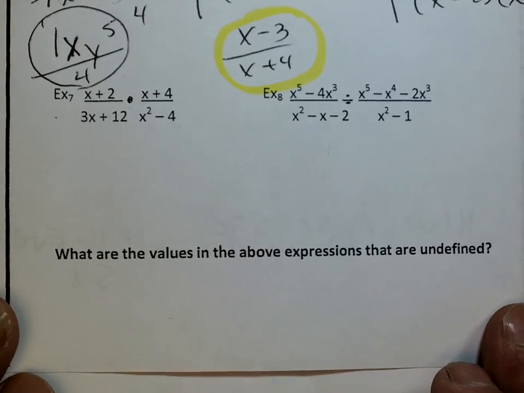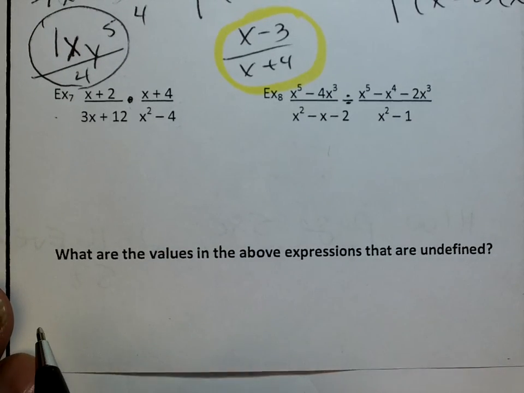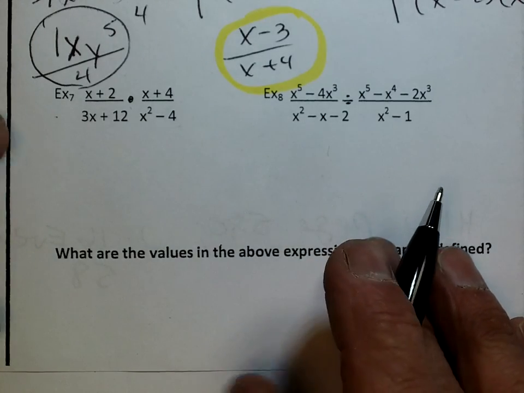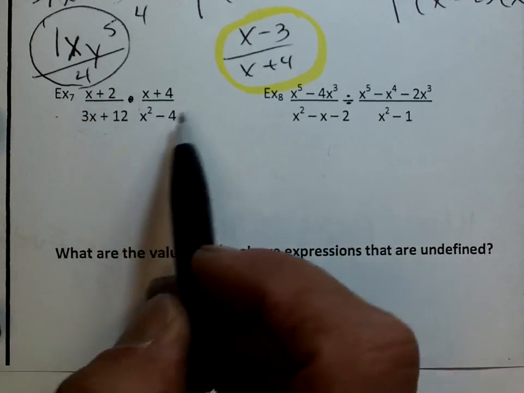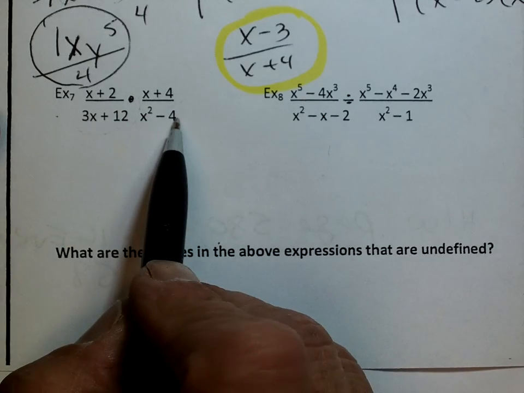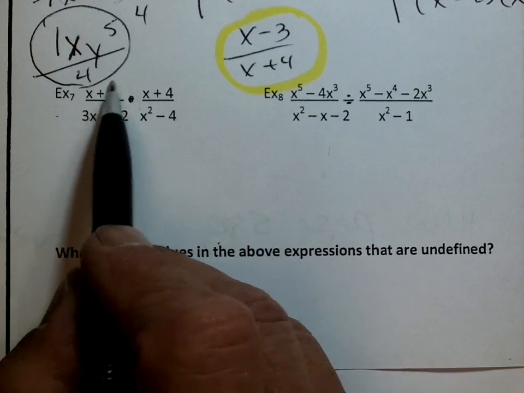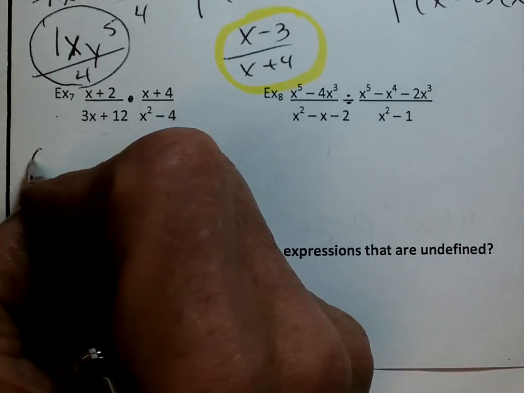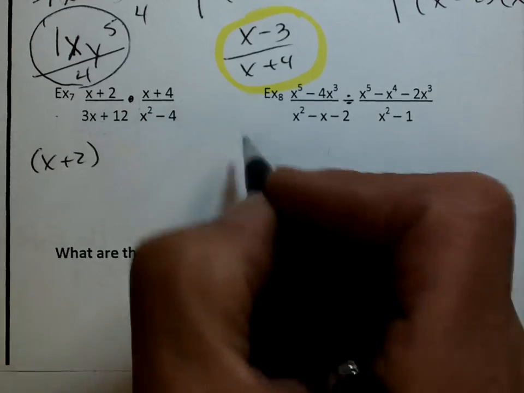Okay, now let's take a look at example 7. Example 7, what we're going to do is factor. Okay, so we have two fractions. So if we multiply, we could multiply straight across. What a pain, right? That times that, that times that. But what if we could factor and maybe cancel? So on top, I'm going to leave it as an x plus 2 because you can't factor an x plus 2.